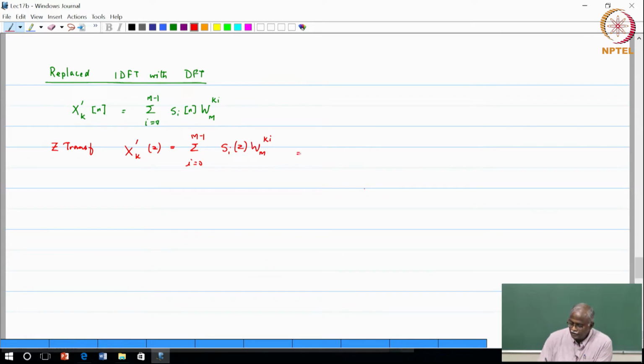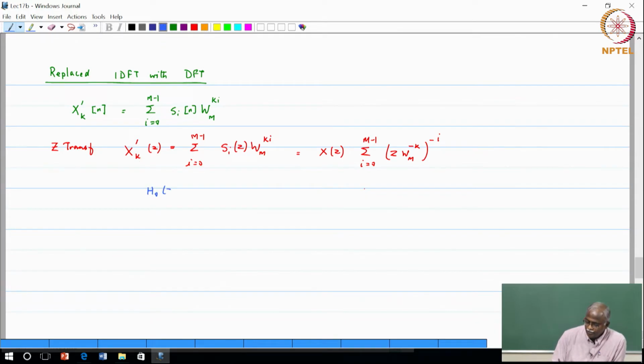You can show that this is equal to X of Z summation i equal to 0 to m minus 1 of Z Wm minus k raised to the power minus i. Okay. And you can verify. So, this tells me the following observations that we get.